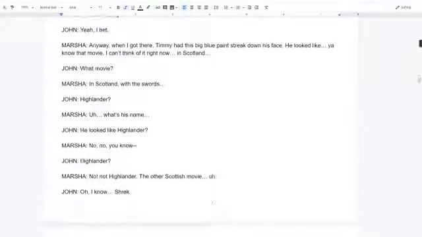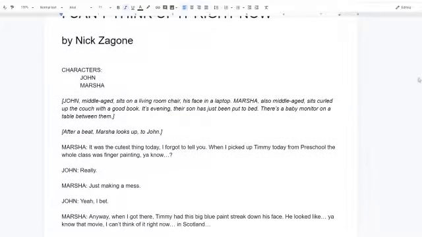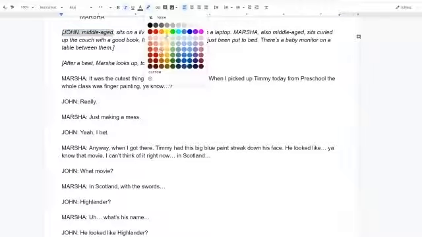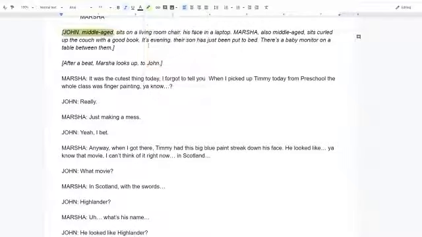So like I mentioned yesterday, you usually start out with some level of information from the writer. In this case, you've got John, who is middle-aged. You've got a living room chair. So if you are the props designer, you know you need a chair and you know it needs to be a living room chair.